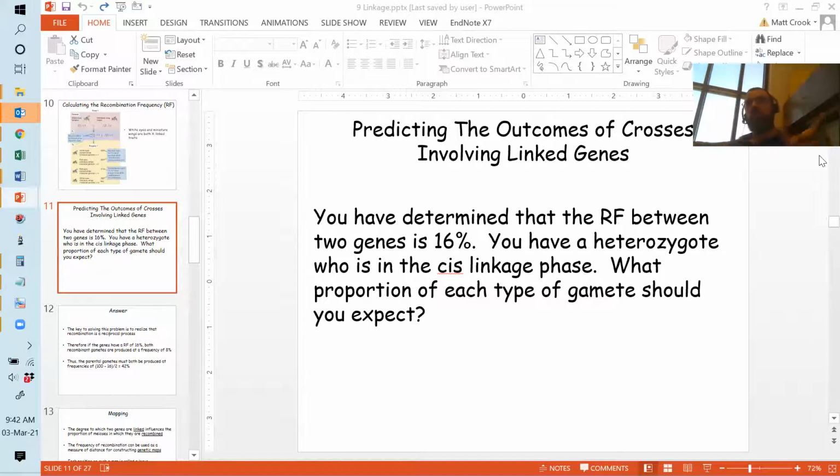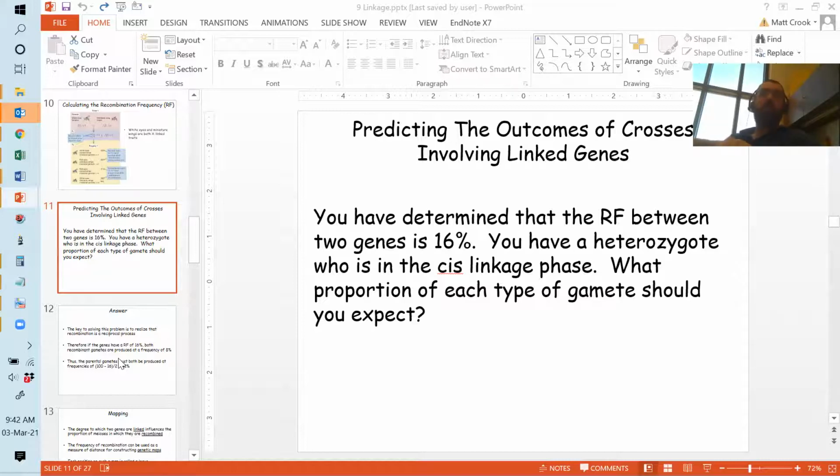So the cis versus trans thing is really figuring out which chromosomes have which alleles. The recombination frequency is how far apart are those two genes on that chromosome. And to figure that out, the cis versus trans doesn't actually matter, kind of. It really only matters in terms of figuring out what the recombinants are. And you do that by finding the ones that have the lowest percentage. Does that help?